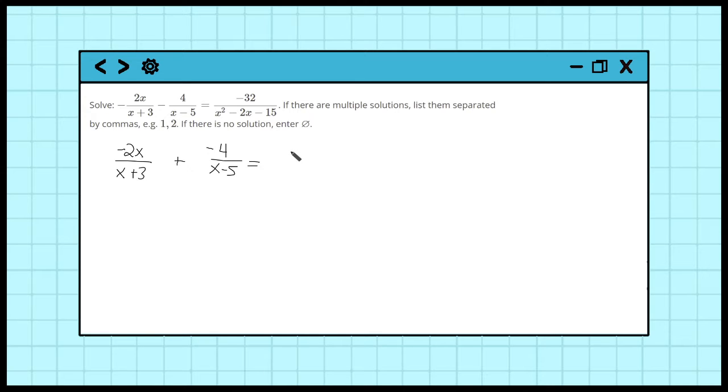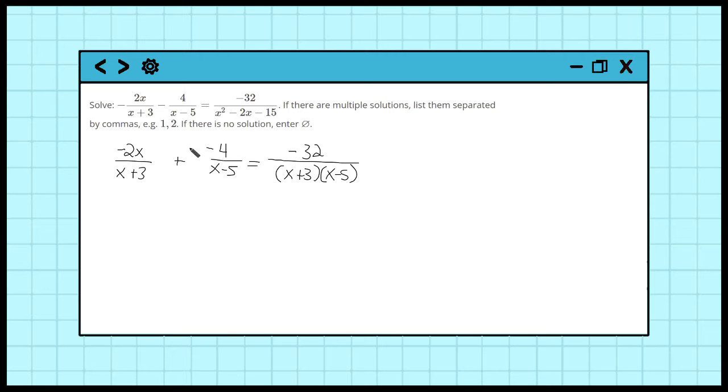And then I have equals negative 32 over x squared minus 2x minus 15. If I go through the factoring process, I am going to figure out that the two numbers that multiply to negative 15 and add to negative 2 are negative 5 and 3. So I have x plus 3 and x minus 5 here.